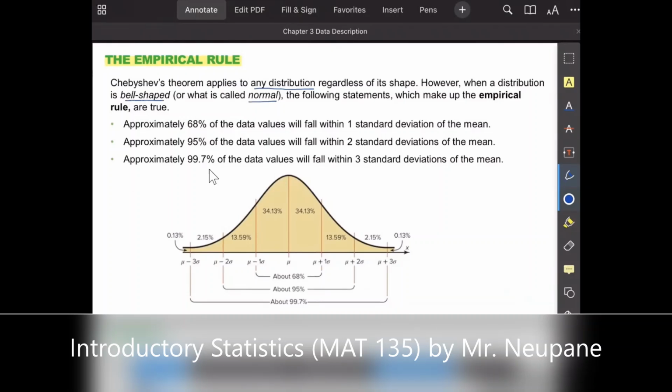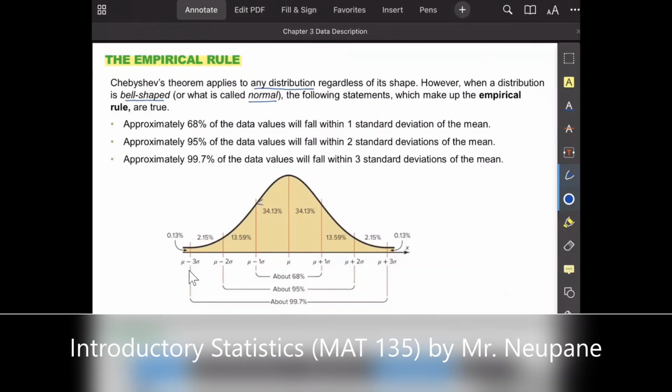And this will also estimate the amount of data that lies within the given standard deviation. For example, approximately 68% of the data lies within one standard deviation. So here is the mean plus one standard deviation, mean plus two standard deviation, mean plus three standard deviation, and this side I have mean minus one, mean minus two, mean minus three standard deviation.